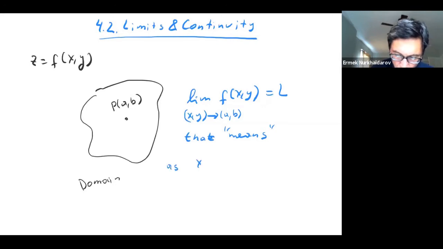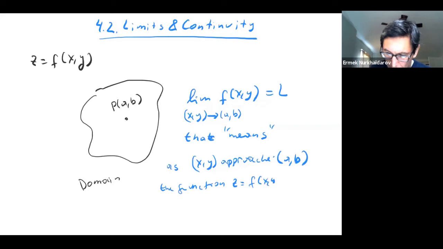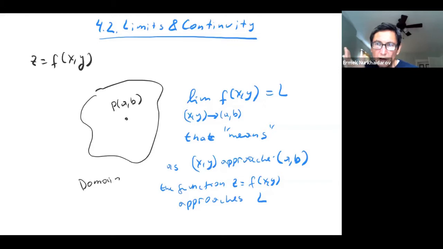As x, y approach the limit value of a and b in the domain, the value of the function z, which equals f of x, y, approaches L. So when x and y are going closer and closer toward a and b, the value of function f of x, y is going to be closer and closer to L.